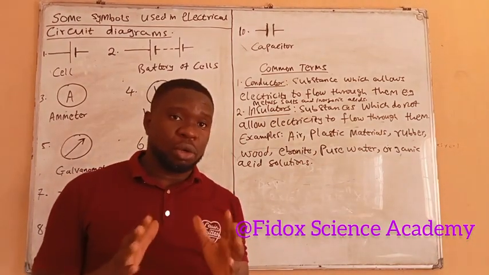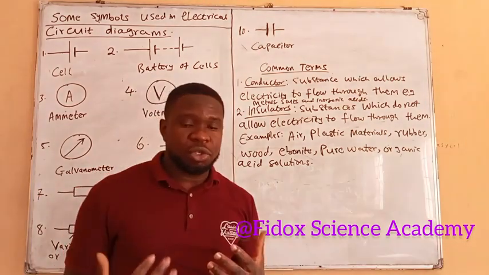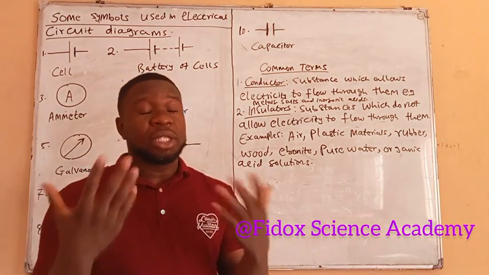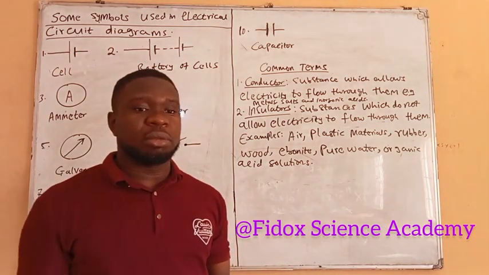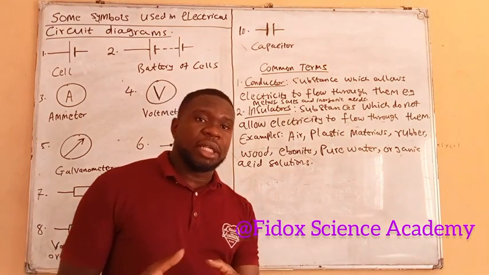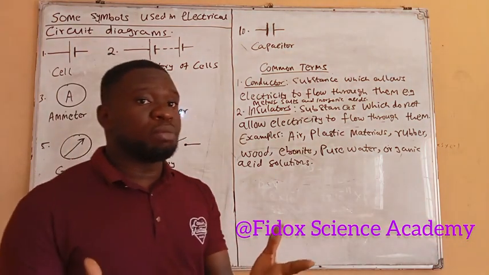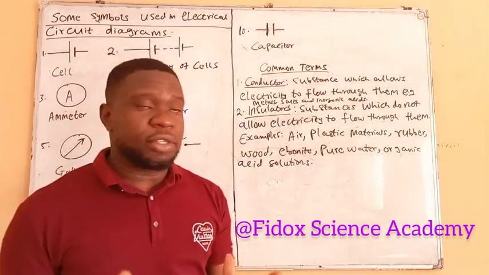Once the water is pure, it doesn't conduct electricity. Of course, most of the time we deal with water that is not pure, and any water that is not pure will conduct electricity because it contains some dissolved salts or minerals, which enable it to conduct. But once it's pure water, it doesn't conduct electricity.